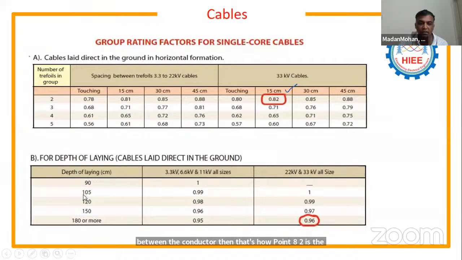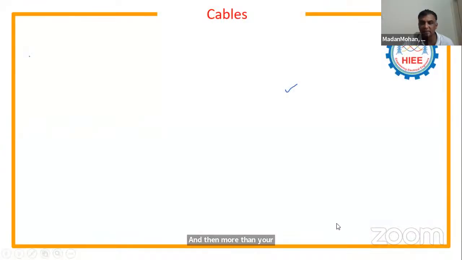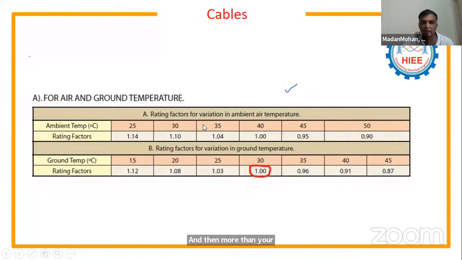When the depth of laying is 1800 mm or more, the derating factor shall be 0.96. And for air and ground temperature, this cable is designed for 30 degrees centigrade. That's the reason it is 1.